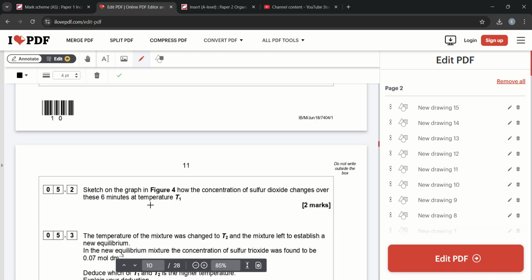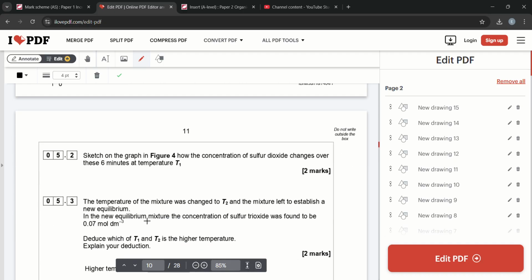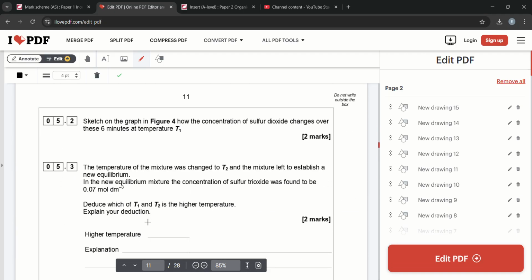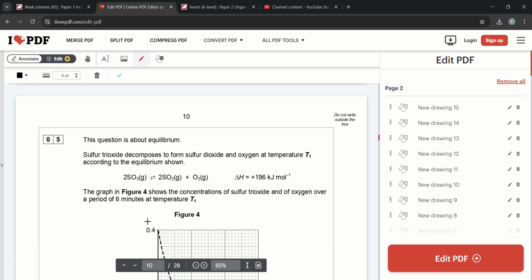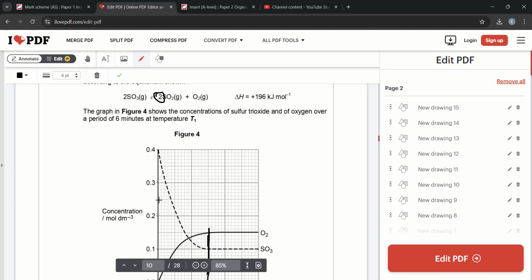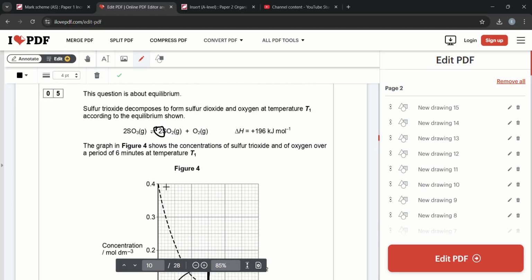5.2. Sketch on the graph of figure 4 to show how the concentration of sulfur dioxide changes over these 6 minutes at temperature T1. So we know there's 2 moles of sulfur dioxide, and the moles of sulfur dioxide is double that of oxygen.